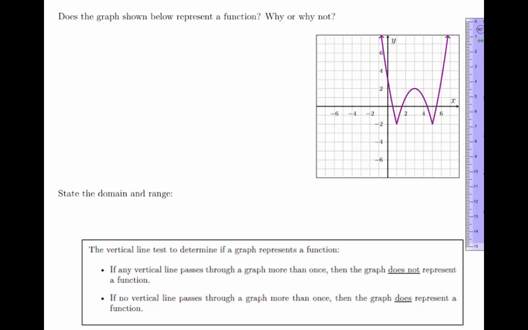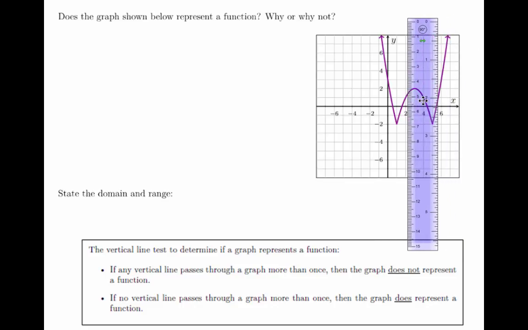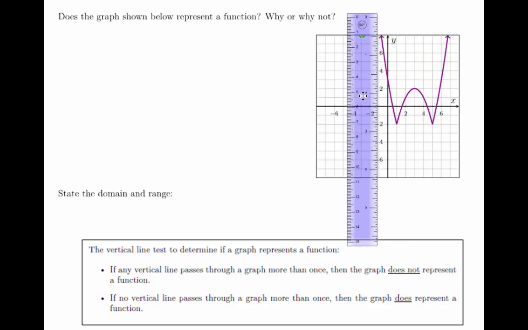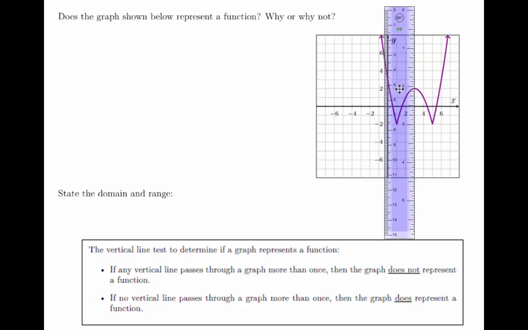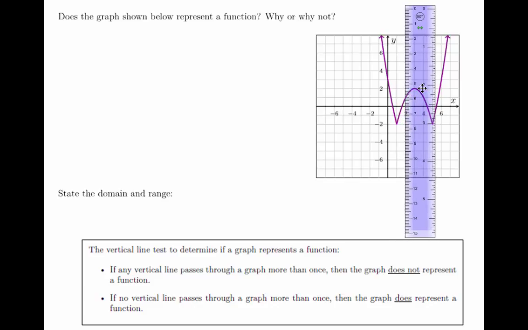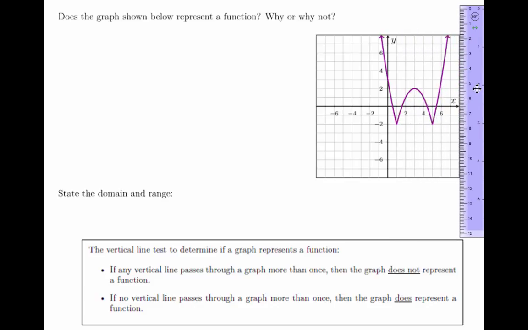And so as we were sliding our ruler along this graph, we saw, and I'll go back through it again, that there's no vertical line that's going to pass through 2 points. So there's no input associated with multiple outputs. So we have verified then that this graph represents a function.